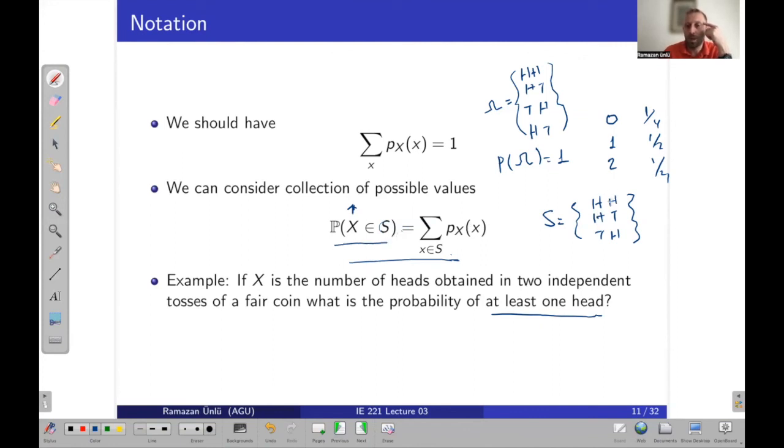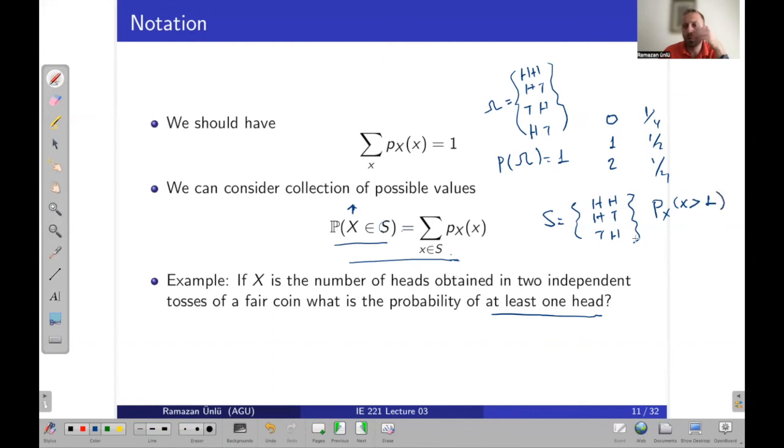So by using this random variable, if I look at the probability of x greater than 1, right?